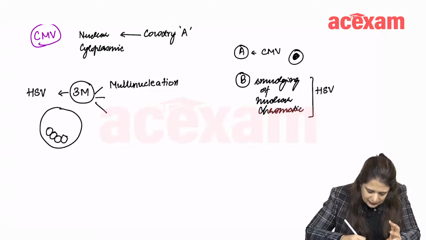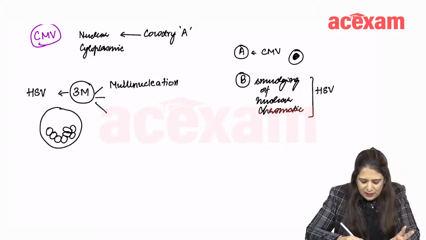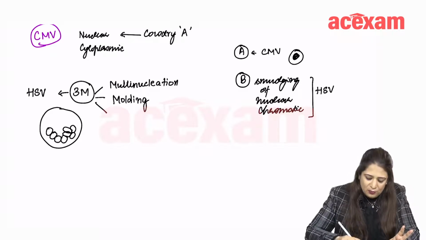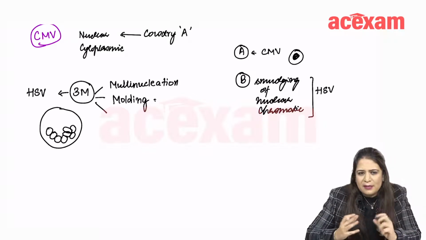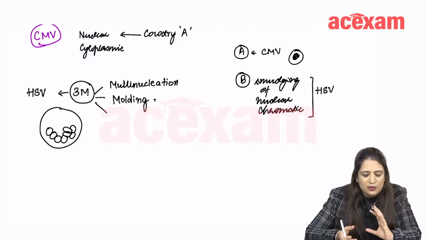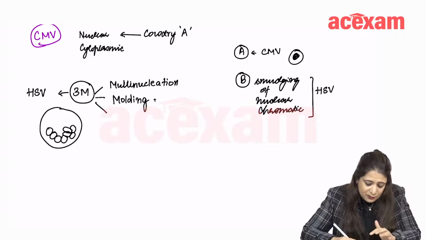Then the neighboring cell borders are closely opposed to each other, almost changing the shape. Changing the shape is known as molding. Right, this is known as molding, and because they are so closely packed together, multinucleated in a single cell cytoplasm, this is sometimes also known as eggs in a basket appearance.